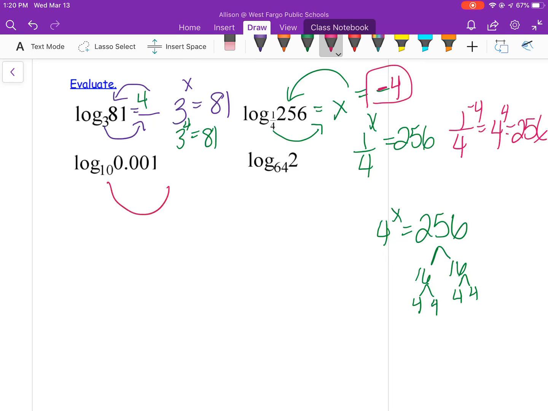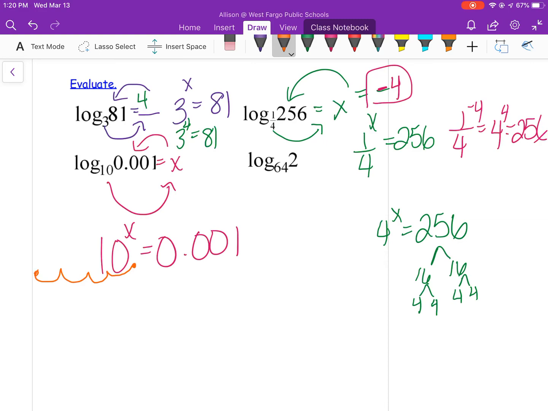When you work with base 10, 10 to what power equals this decimal? So 10 to what power equals 0.001? Remember when you work with a base of 10, if you think about scientific notation, my decimal is behind the 10, and I can move it over 1, 2, 3, 4, and then I get 0.0001.